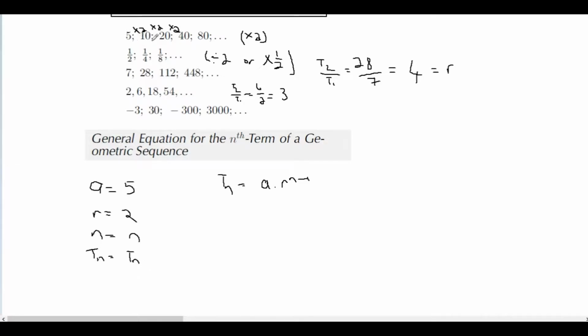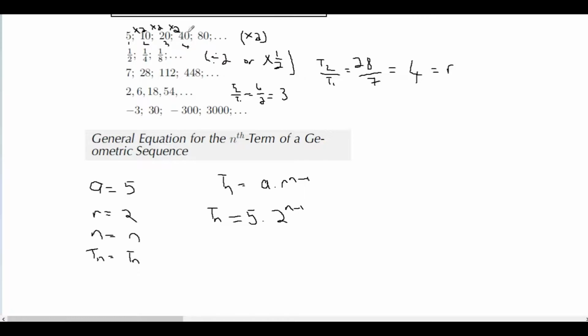If we substitute our first one that we wrote on the side, we're going to get tn is equal to a, which is 5, multiplied by the common ratio of 2 to the n minus 1. I can't simplify that any further, so let's test out an example. This is our first term, second term, third term, fourth.